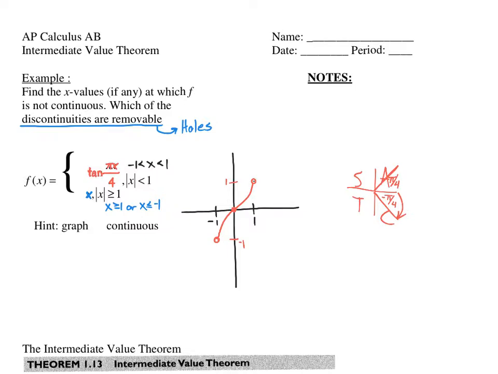Okay, yeah, this is the line y equals x. It picks up in that point, and now we're moving at a straight line y equals x, right? And same thing over here on the other side. We have that. Okay?